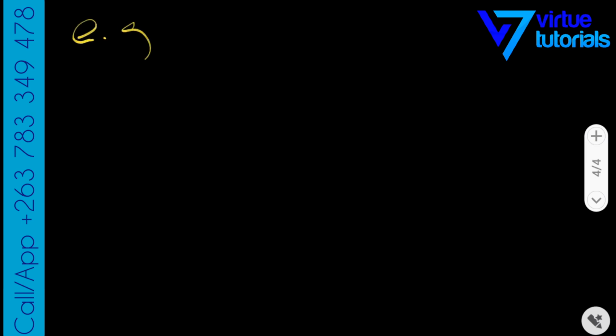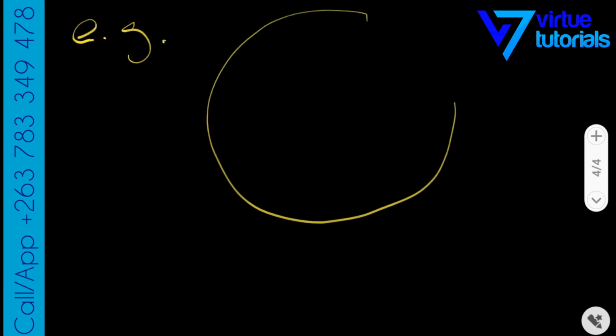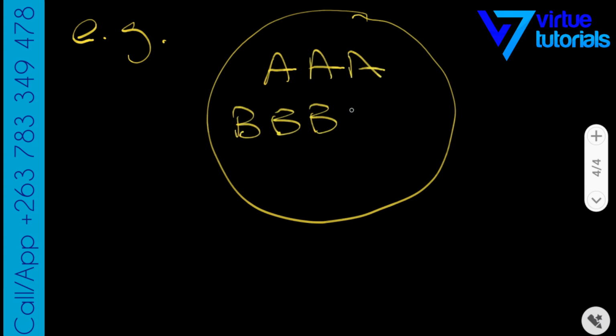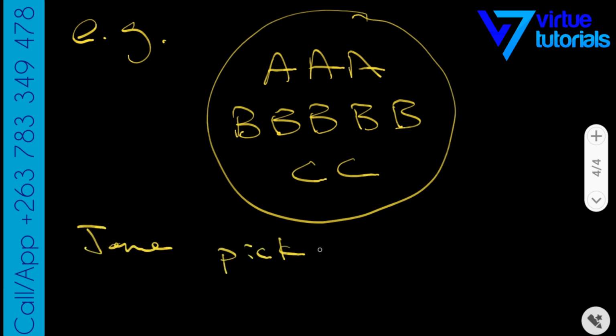So an example that we have is a set like this with letters: A, B, B, B, another B, and C. So let's say someone called James is going to come and pick one letter from the set.